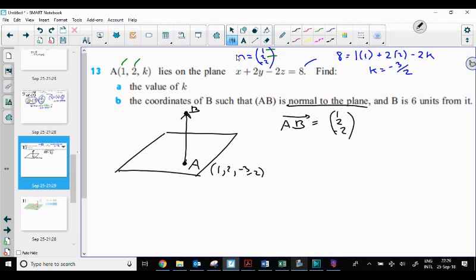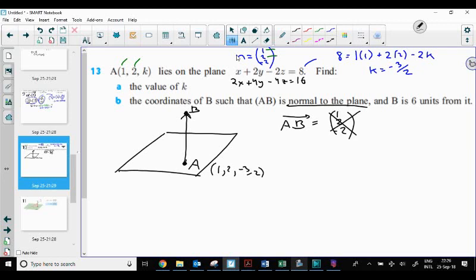I mean, we could have rewritten this equation as 2x plus 4y minus 4z is equal to 16. That's allowed as well. So 1, 2, negative 2 is unlikely to be the right answer here, and in fact, you can verify pretty quickly that that does not have the required length. So that's not going to be it.